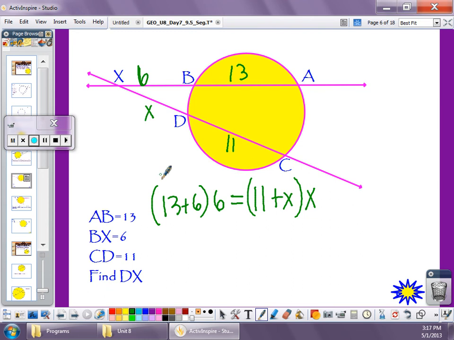You see that? This is the whole and this is the external part. This is the whole and this is the external. They're on the same side.